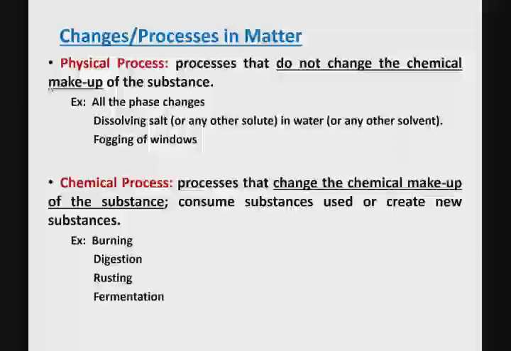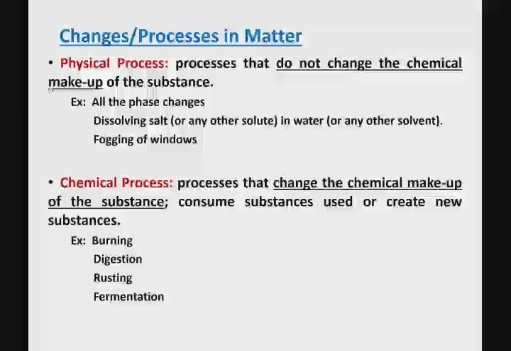If you leave milk out on the kitchen counter for a few days in the summer, the milk curdles. It spoils. Basically, what you will see is those white chunky pieces in there. Hopefully you don't put that in your tea or coffee, but that's a chemical process because you created something that was not there before. Perming your hair is a chemical process.